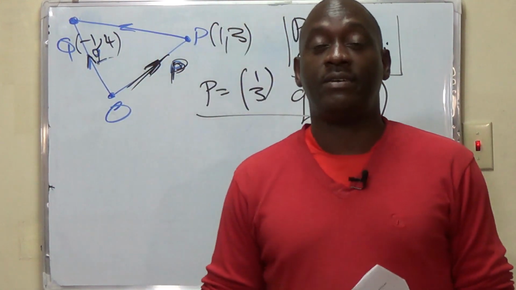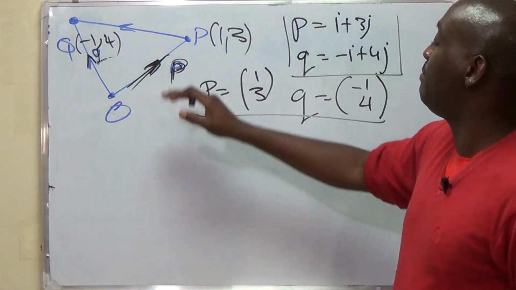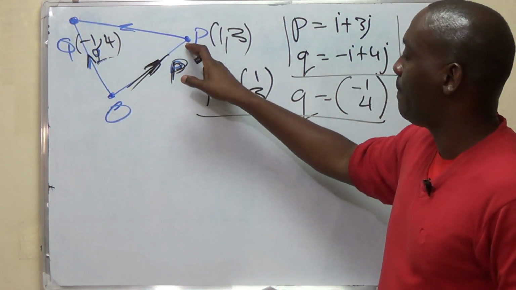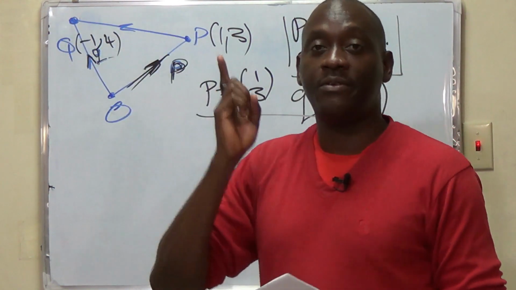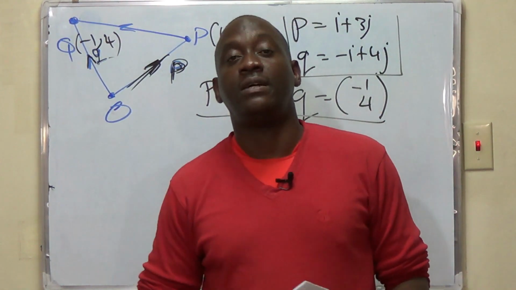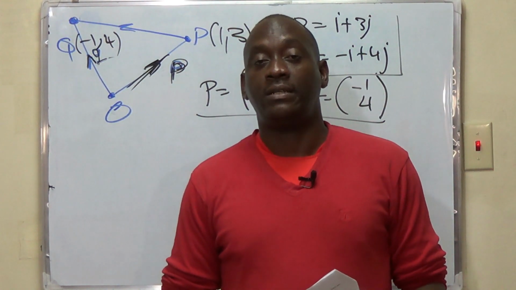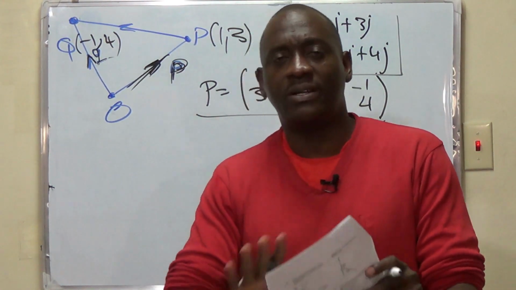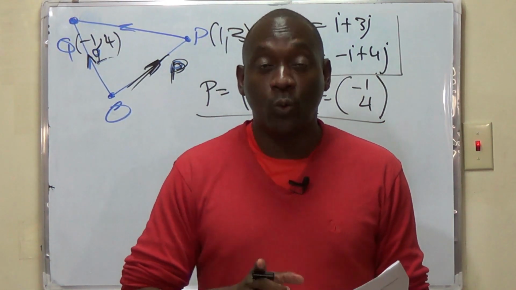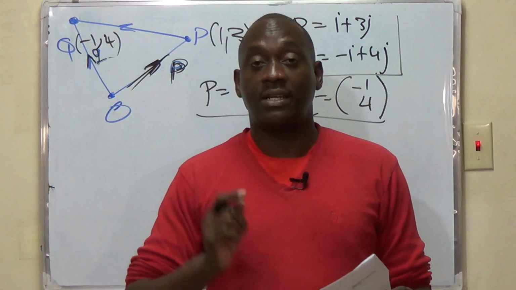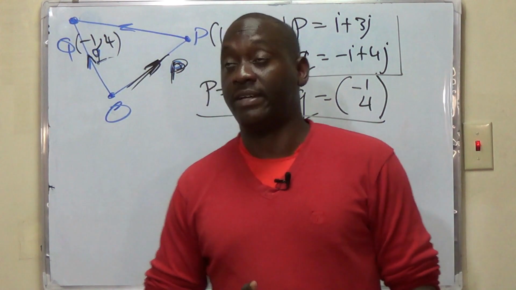PQ is a displacement vector, meaning that we're taking the point from P and we're displacing it until it gets to Q. The only time you refer to a vector as a position vector is when the displacement begins at the origin. So just bear that in mind. We're not going to get into any arguments here about semantics and words. Just know that a position vector is always defined with reference to the origin. Anything else is a displacement vector.